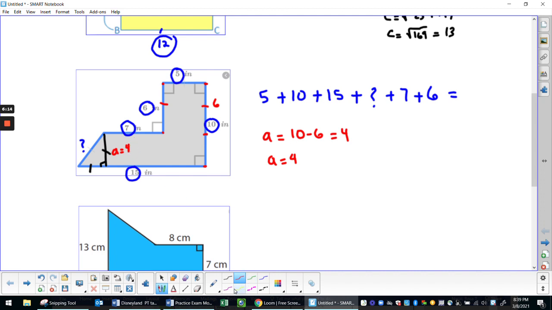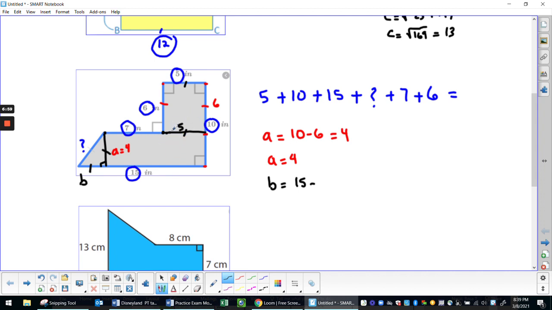And then for me to figure out what B is, which is my other leg, this is going to be a little trickier actually. So B is going to equal this piece, this entire piece from here to here is 15, right? That's what 15 is. And I'm going to subtract from that, so from here to here is 7, right? And then from here to here, this piece, this is 5, right? Because this is 5 here, and this is 5. So it's a little bit like you have to put pieces of the puzzle together.